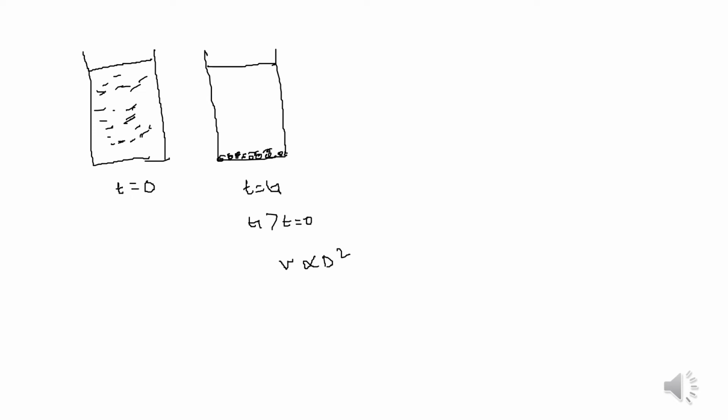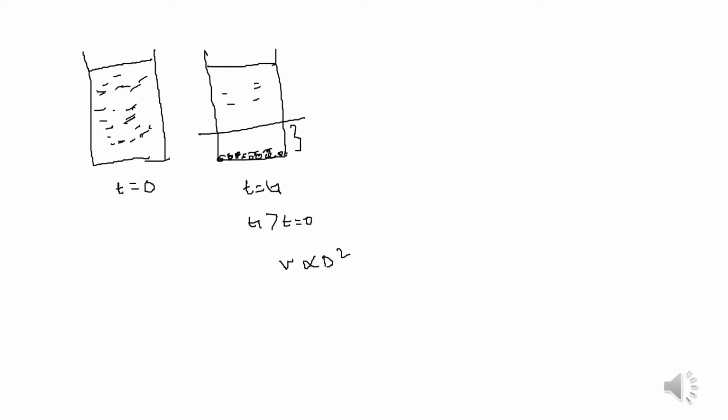If we measure the specific gravity of the soil suspension, we will see that the lower layers have higher specific gravity, while the upper layers have less specific gravity. So using a hydrometer, if we measure the specific gravity of the soil suspension at a known depth at a particular time, it will help us determine the grain size distribution.